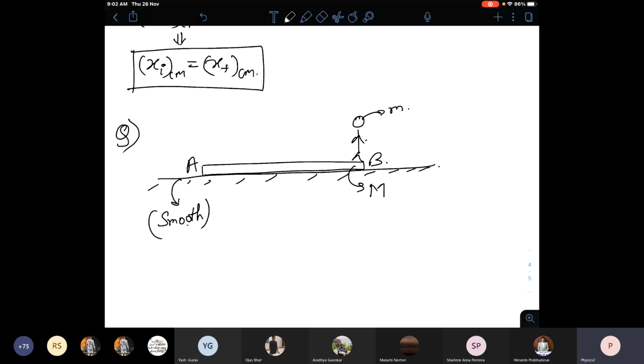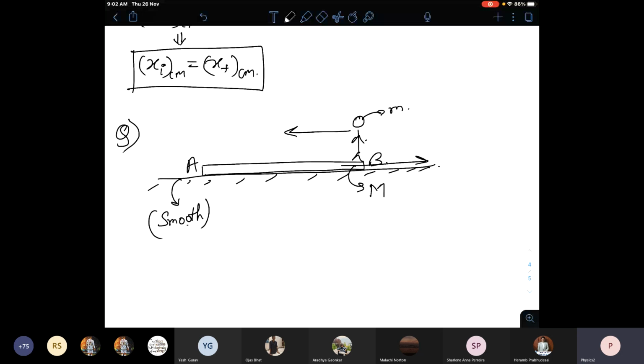I guess you are able to imagine that if the man starts moving towards the A end, the plank will start moving in the backward direction. You can see examples, like suppose you are standing in a boat and you jump out of the boat.